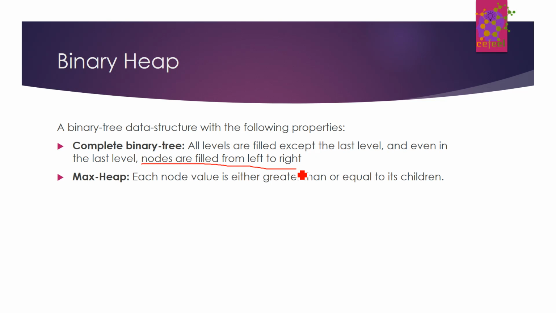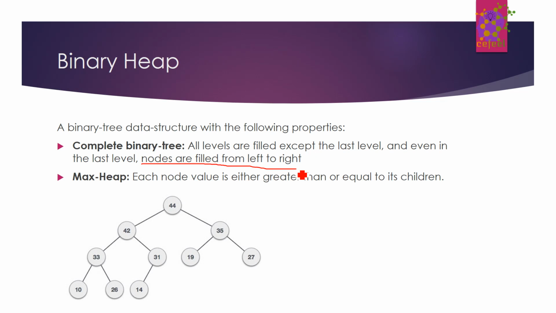Let's see an example quickly. Here is a max-heap, and if you notice, every node, let's say 44, is greater than its children 42 and 35. Similarly, if you take any other node, let's say 33, it is greater than its children, which are 10 and 26. And 31 is also greater than its children, 14.